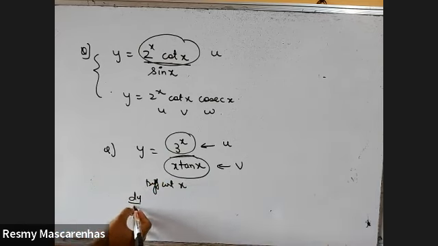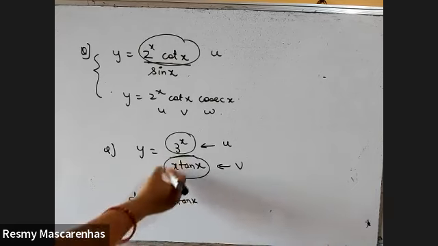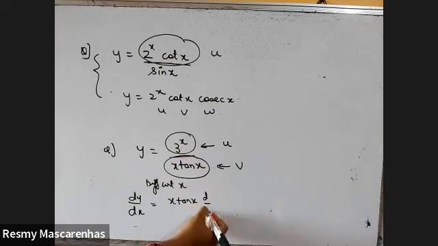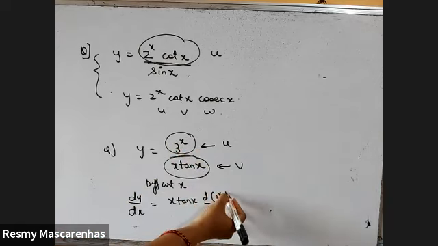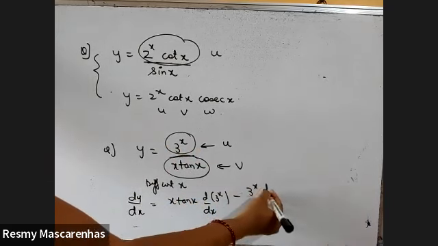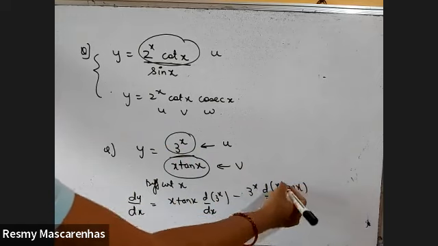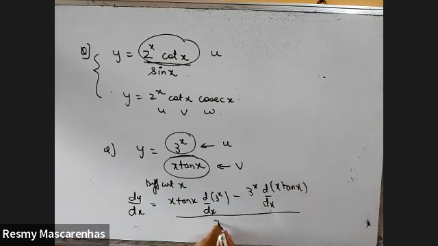Dy by dx will be v into derivative of u minus u into derivative of v upon v square.